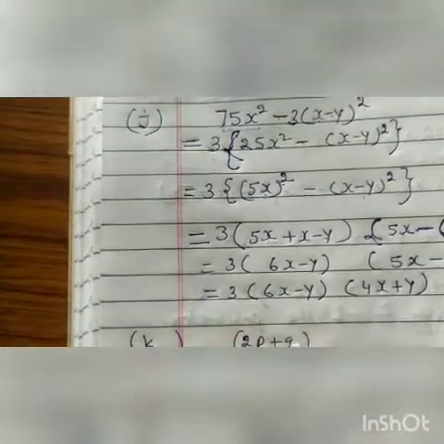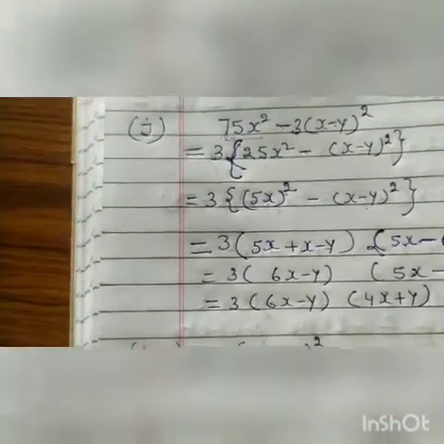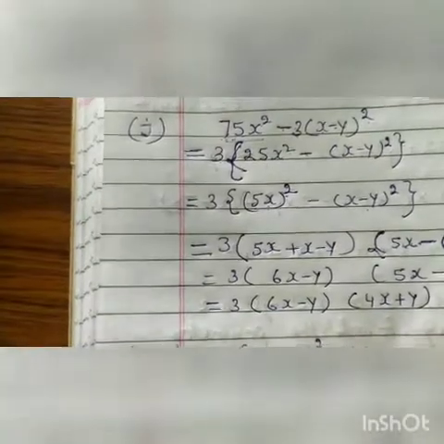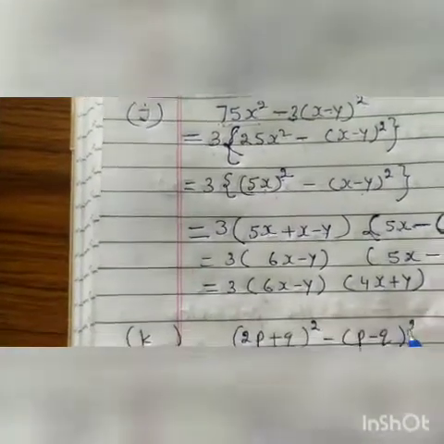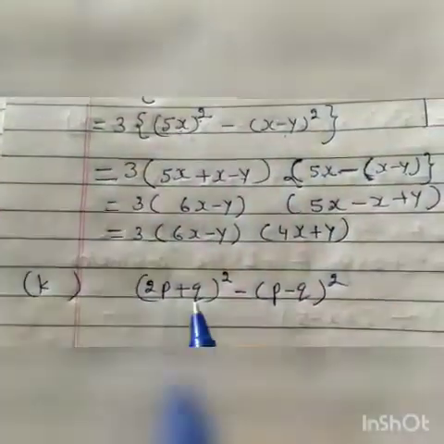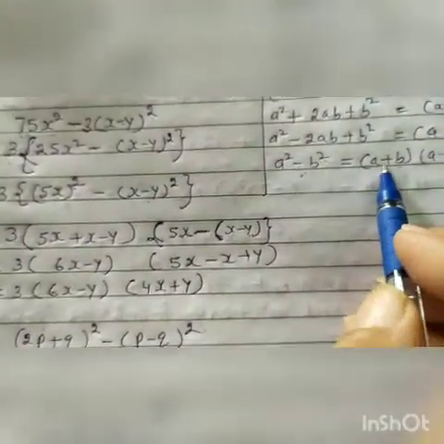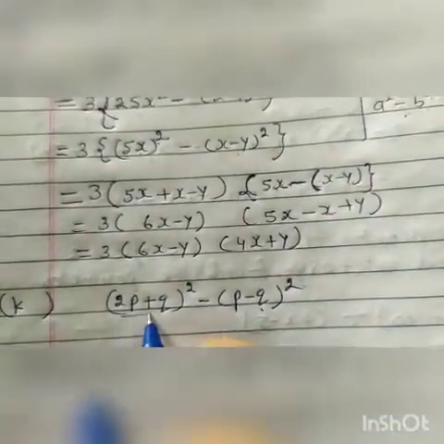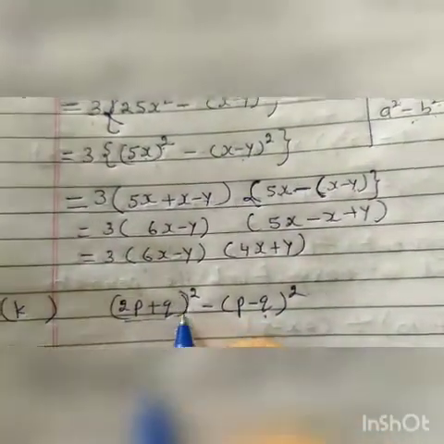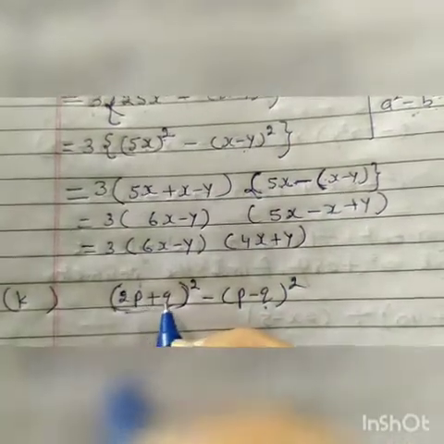K is 2p plus q whole square minus p minus q whole square. Again we will use the same identity, a square minus b square is equal to a plus b, a minus b. Here the value of a is 2p plus q. Within the first bracket what is written? 2p plus q.